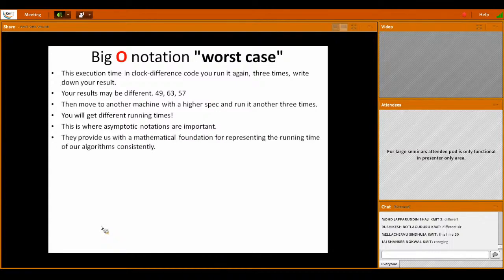They provide us with a mathematical foundation for representing the running time of our algorithm consistently, right? Since we know that running times are different on different machines, the algorithm's worst case, how much time will it take, right?